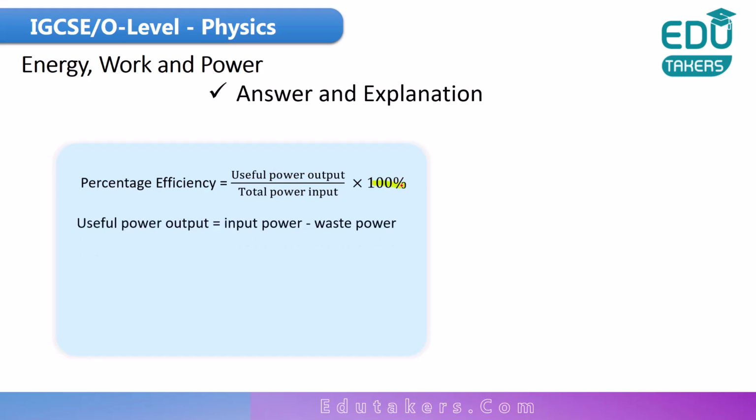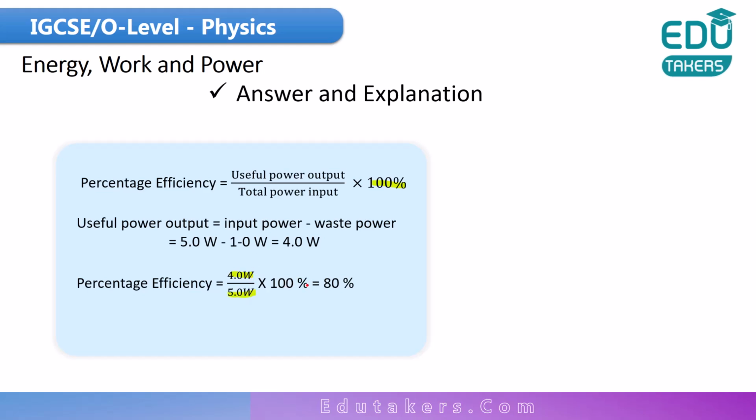After that, put here value. Because here the useful output power is not given, you can easily calculate it by using the formula input power minus wasted power. Put here value, the useful output power comes to be 4.0 watt. Use the values in the formula. The useful power output is 4.0 watt and the total input power is 5.0 watt.